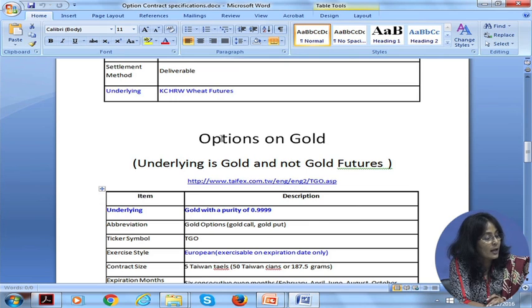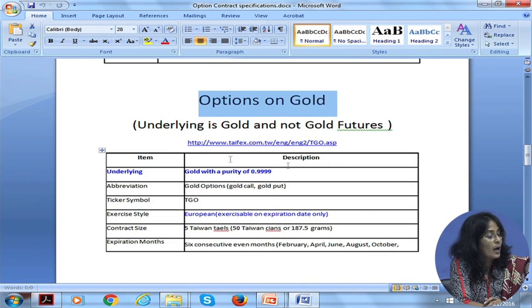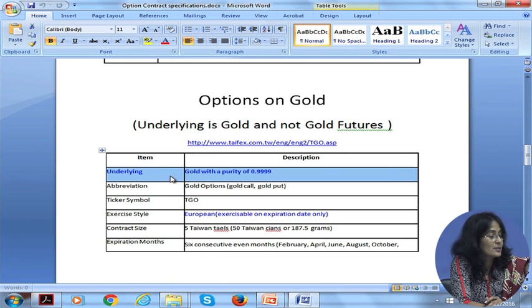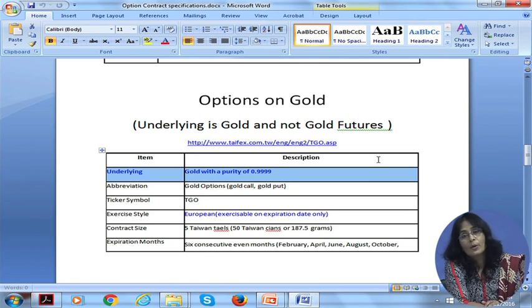At TIFEX you have options on gold, and the underlying is gold and not gold futures, but it is not very common. Most of the commodity exchanges have futures as an underlying, and in India right now there is a considerable amount of debate going on whether we should have commodity options with commodity futures as underlying, or actual commodities as underlying.